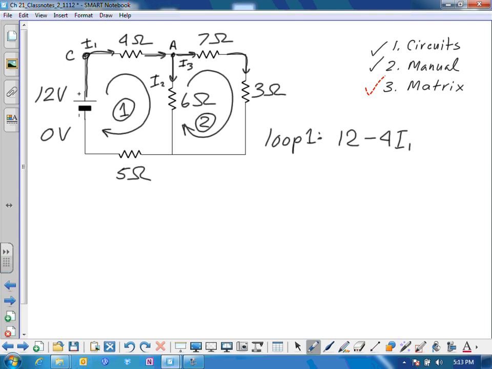We then proceed inside the loop across the 6 ohm resistor, and we have another drop of 6I2. And then the voltage is recombined down here. That would be I1, and so we have a final drop of 5I1. And the whole thing needs to add up to 0.